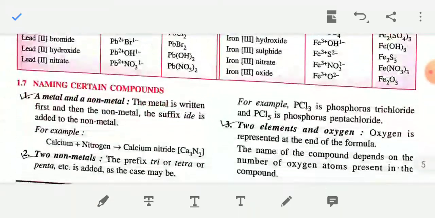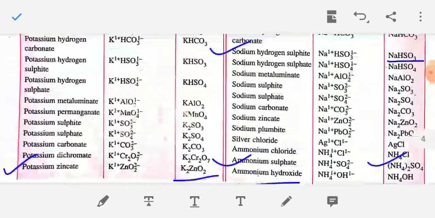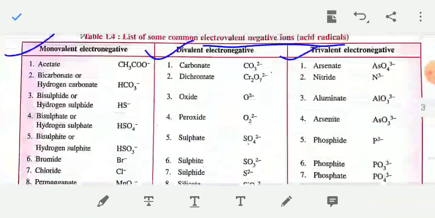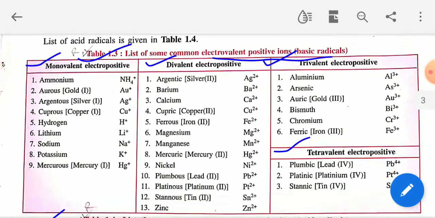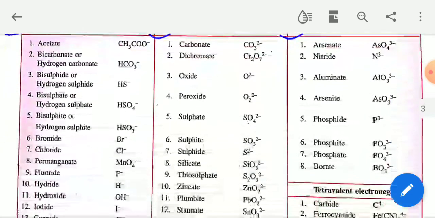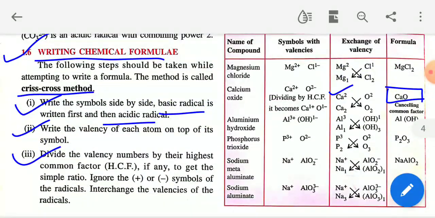So before writing the chemical formula, or how to write the chemical formula of a compound, first you have to know the symbols of different radicals, that is acid radicals and basic radicals. Okay, and using the symbols of different radicals and the following rules, you can derive the chemical formula of a compound.